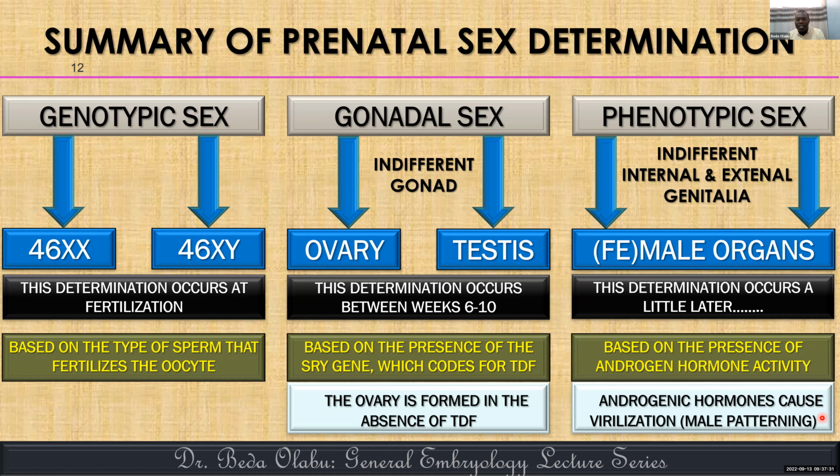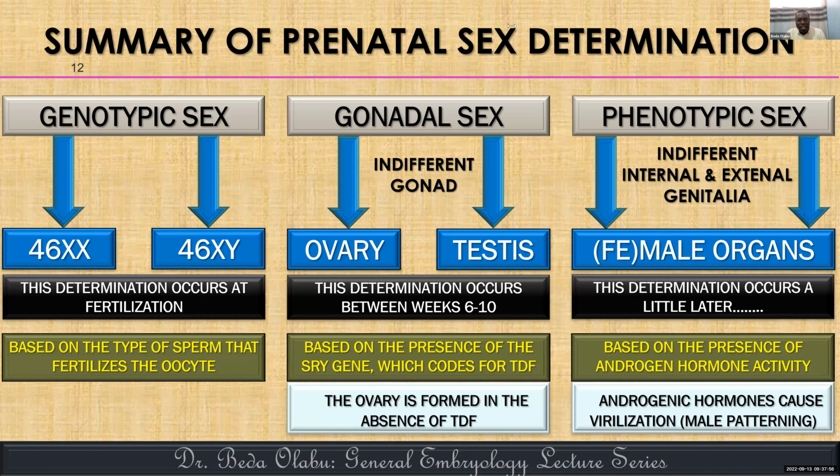Again, remember the placenta produces estrogens, not androgens. The third structure is the adrenal cortex of the fetus. It does not matter the genotypic and the gonadal sex of that particular fetus.